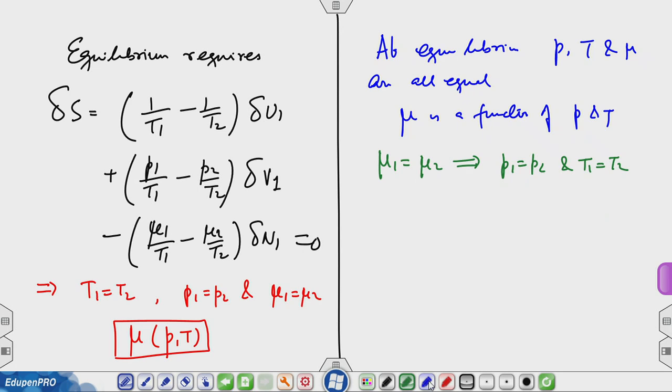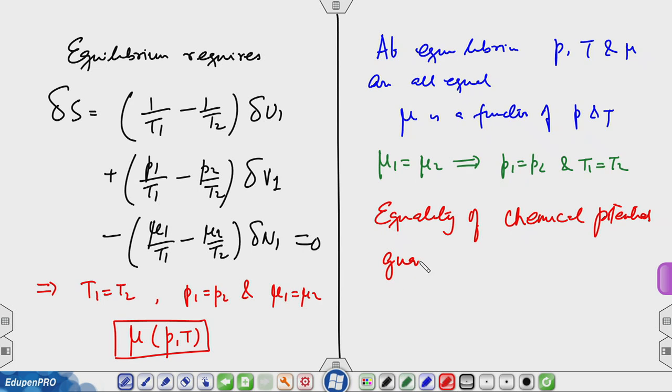Therefore, we can say that equality of chemical potential when systems are open guarantees complete equilibrium.